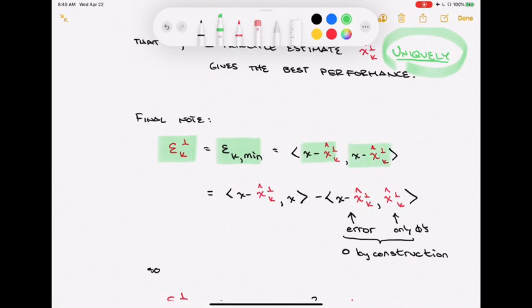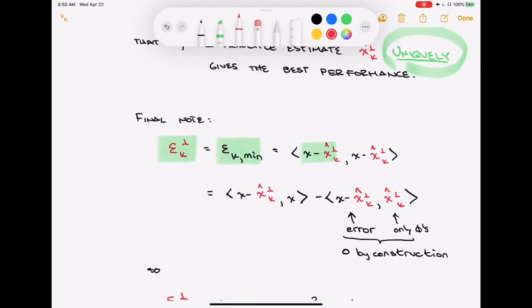I can, again, use my knowledge of inner products, and I can do my distribution here. I can take these terms and distribute them out. Actually, I probably don't have to distribute all of them. I'm going to just distribute a portion of them.